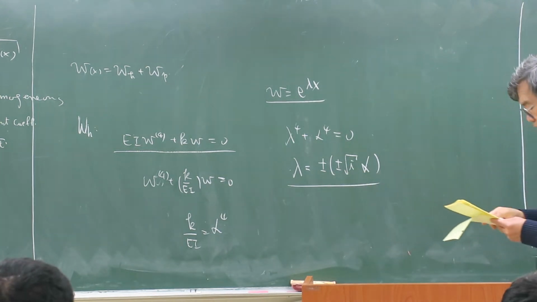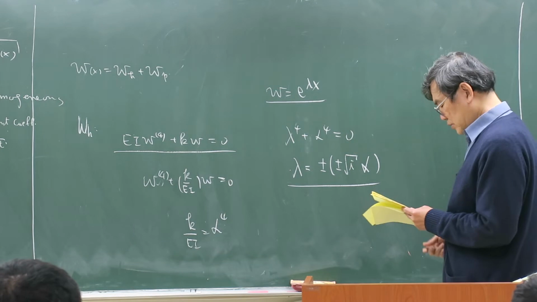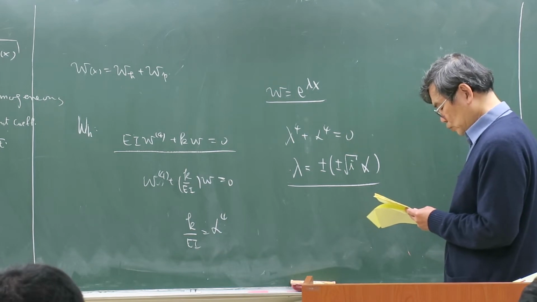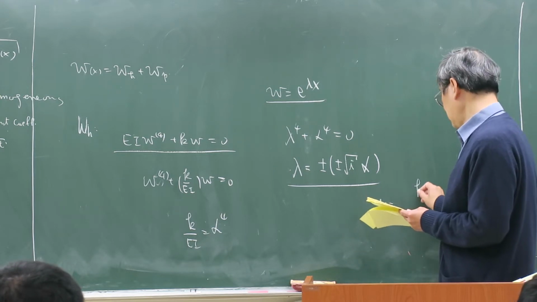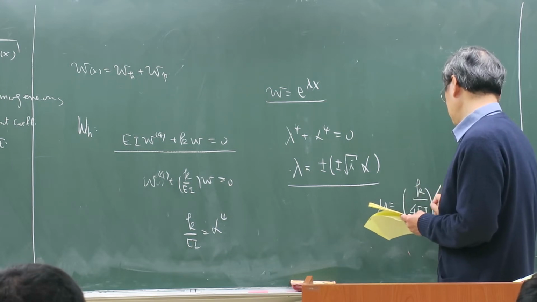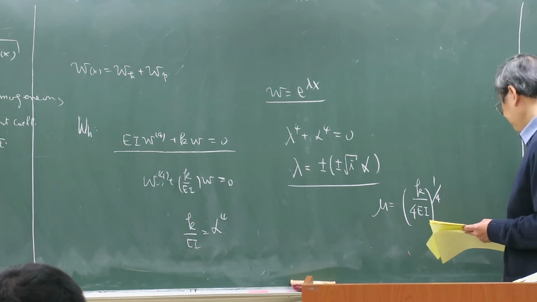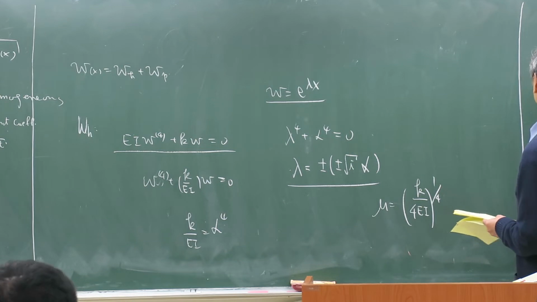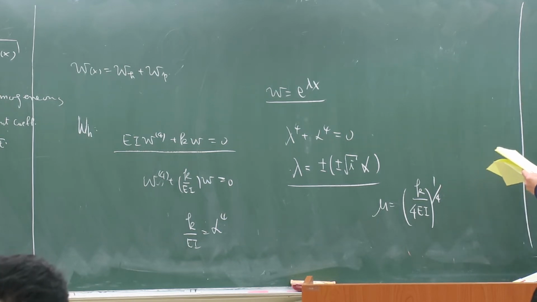This is my solution. Then I further introduce mu, okay? Mu equal to the fourth root of K over 4EI. Then my homogeneous solution can have various kinds of form.